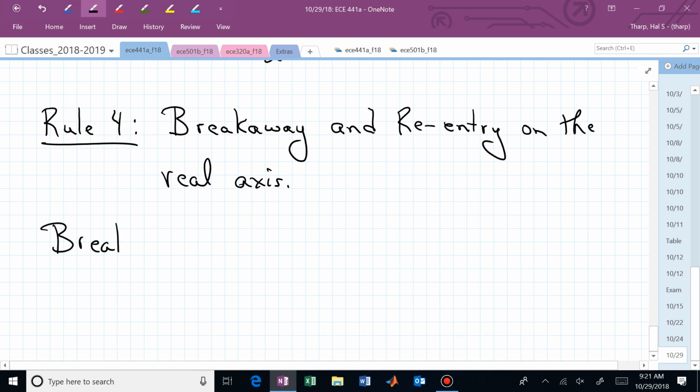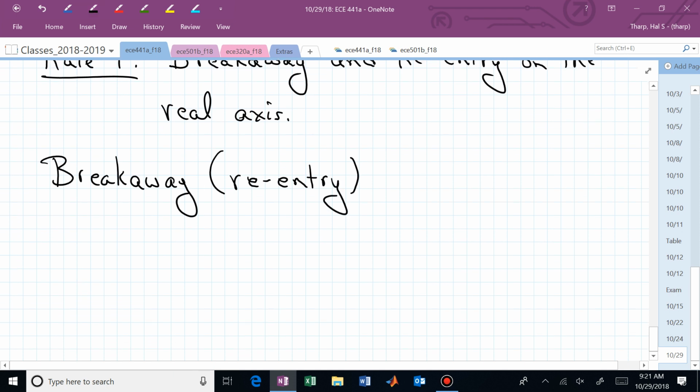And here's the description. Breakaway, and just if you're interested in reentry, that's going to be in parentheses.